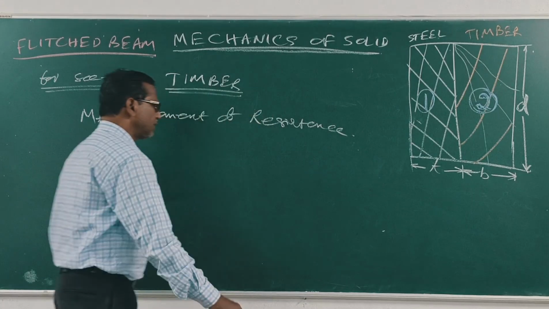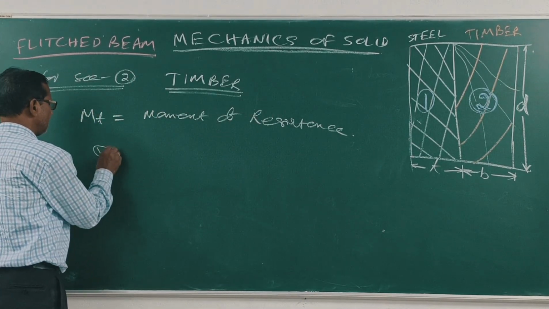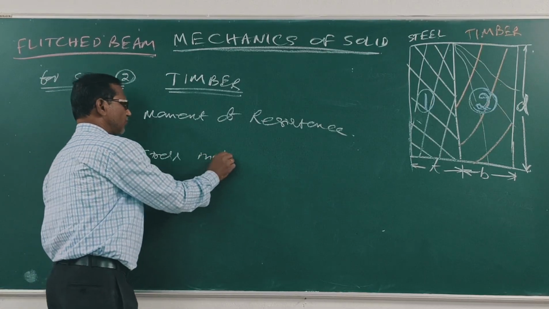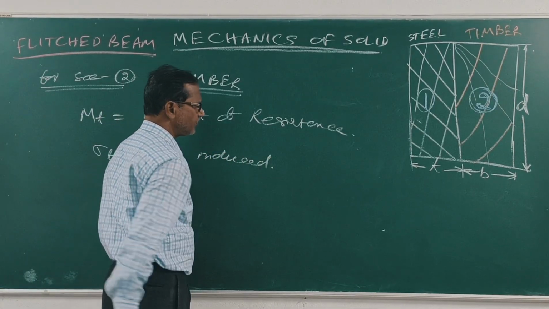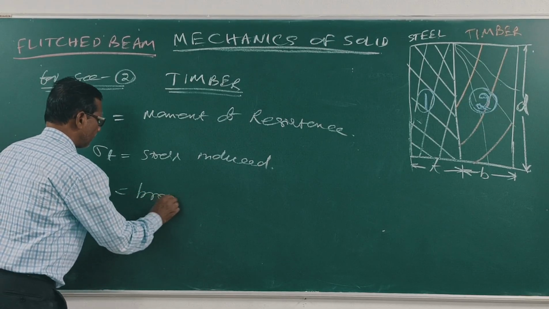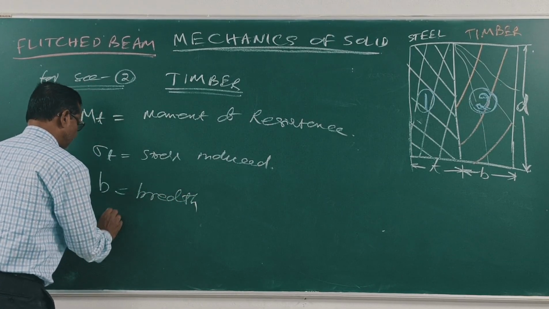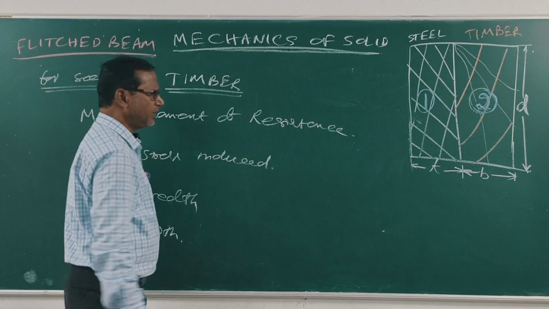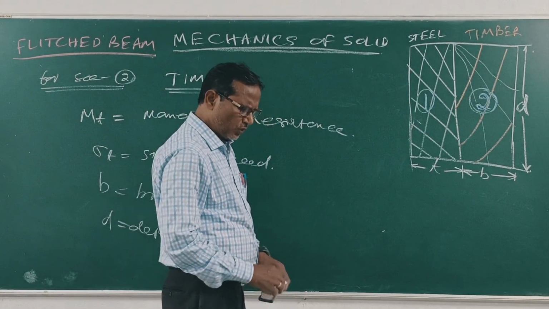Clear? Sigma t is the stress induced, b is the breadth, d is the depth. So what is I?